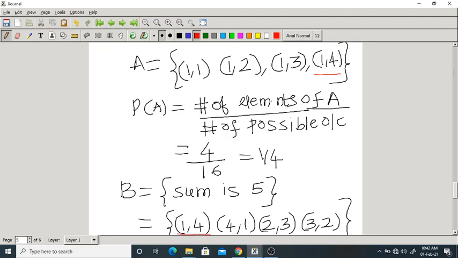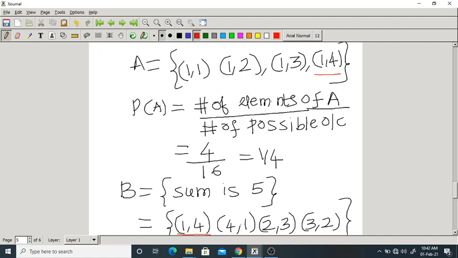Okay. Any other common elements? If there are any other common elements, you can verify. If not, we will stop here. Okay, only one.